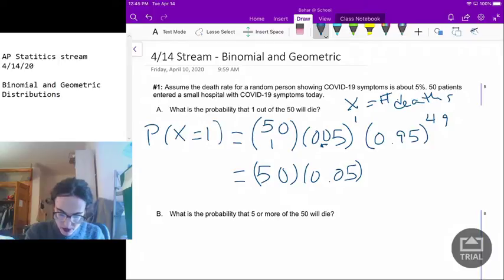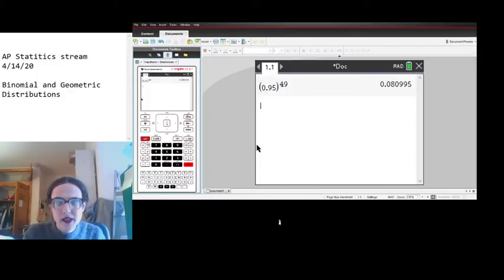So we said 0.08095. We multiply this out again. Let's do that here. And we get this times 50 times 0.05.